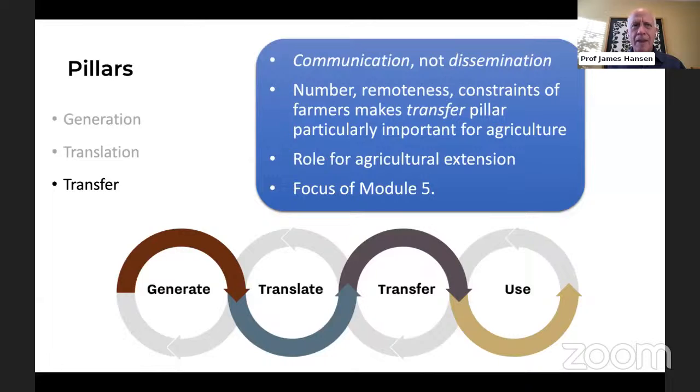I would argue that strengthening the partnership between agriculture extension providers and climate information providers, particularly the National Meteorological Service, is one of the most promising ways to make climate services effective for the agricultural sector. So we'll talk more about communication in session 5.